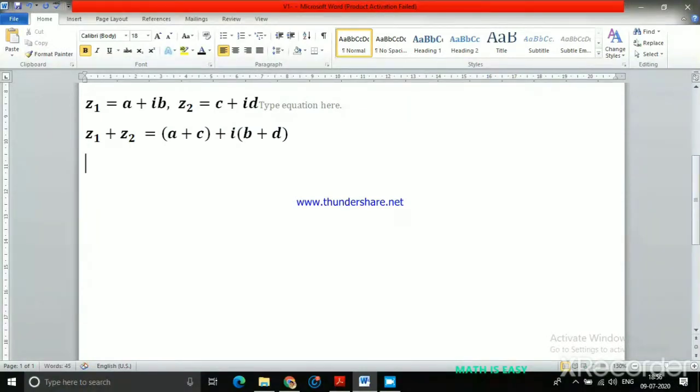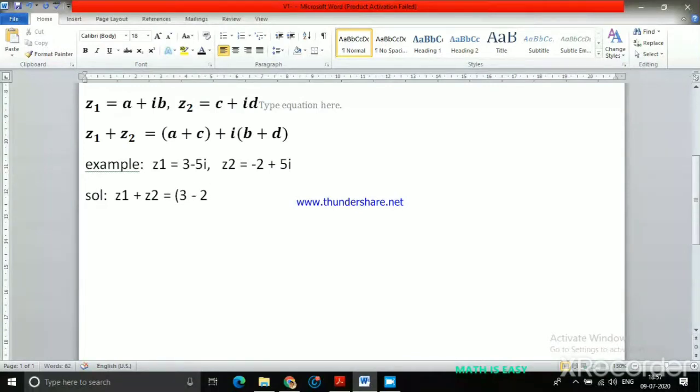So if I take an example, add them, you will get z1 plus z2 equals, we just have to add the real parts. The first real part is 3 and the second real part is minus 2.